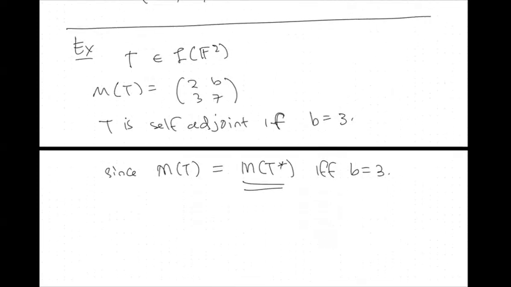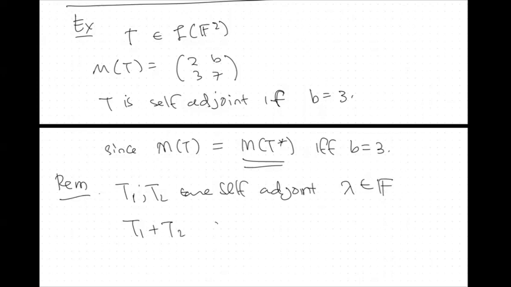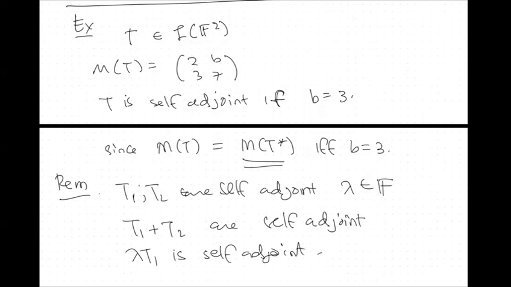And then some remarks. If T1 and T2 are self-adjoint, and lambda is a scalar, then T1 plus T2 is also self-adjoint, and lambda T1 is self-adjoint. I will leave the proof of this again.